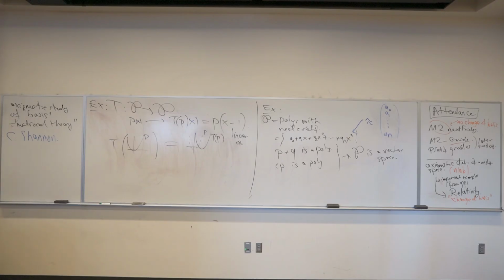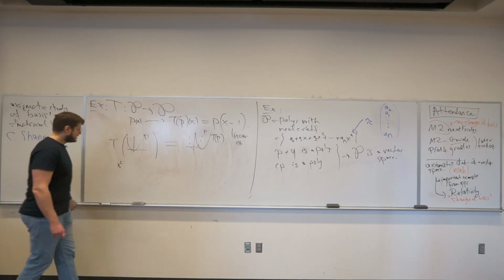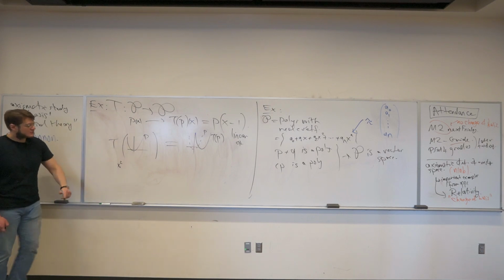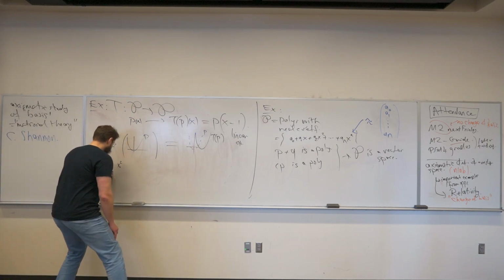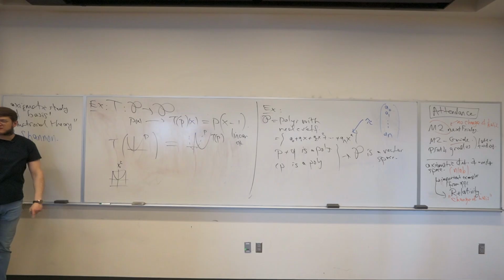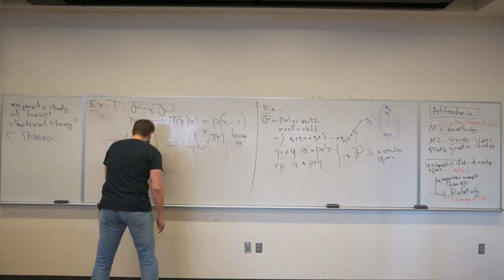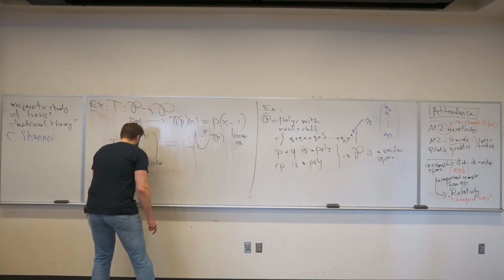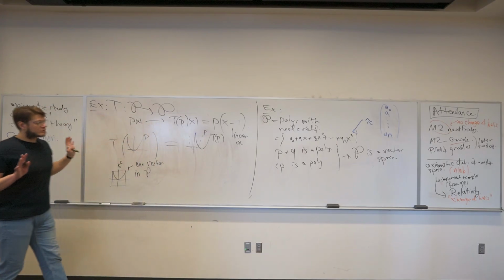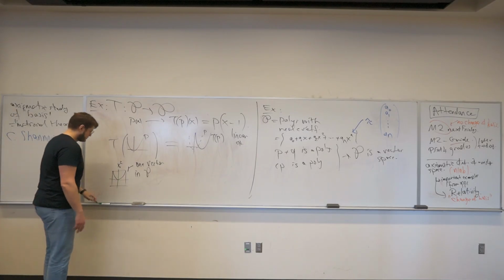Let's be even more specific. Let's take one polynomial. For instance, consider x squared. You can imagine it to be this picture. This is one vector in curly P. In this world of the polynomials, vectors are polynomials and polynomials are vectors.